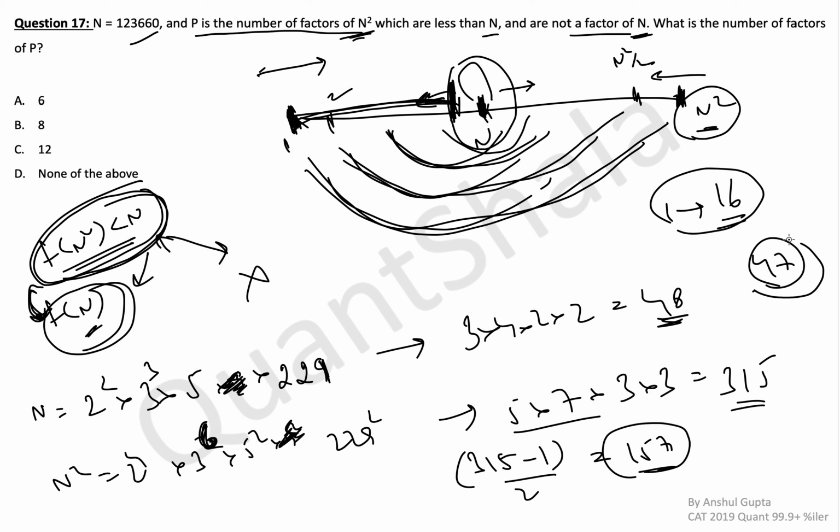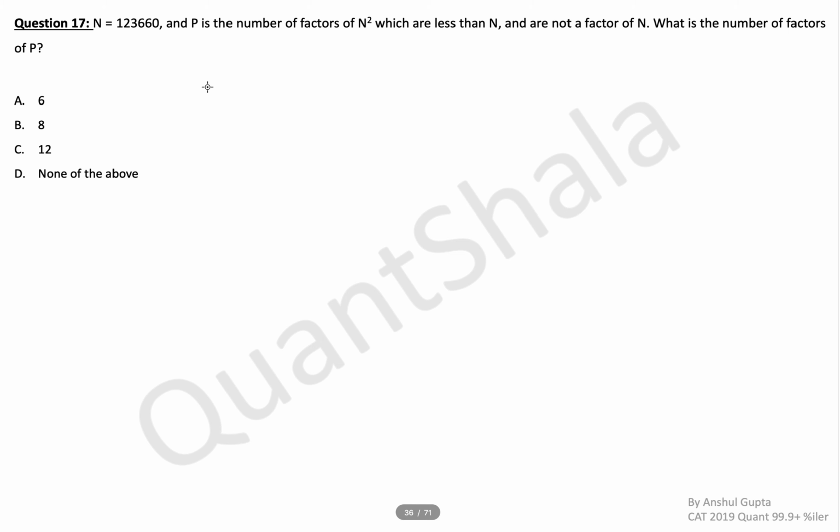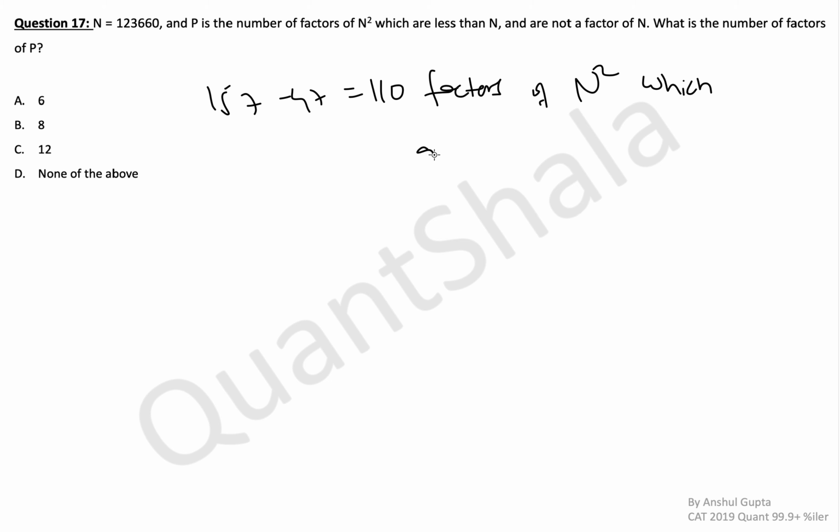And all these 47 are also contained within these 157. So if you subtract, what will you get? You will get 157 minus 47 is equal to 110 factors of n square which are less than n and not a factor of n.